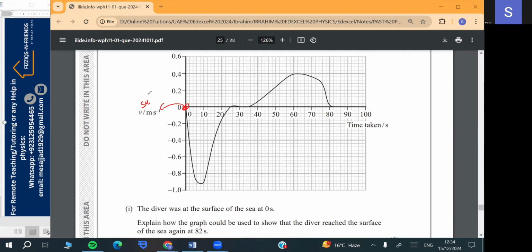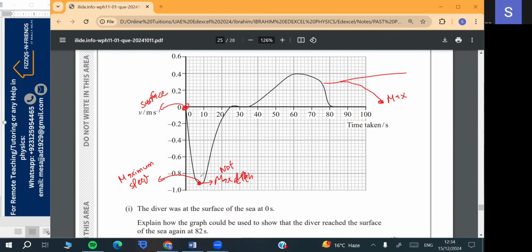He is at the surface, and now he is diving down deep. This is not the maximum depth, it is the maximum speed. While going down, of course, there will be a point where he has maximum speed.